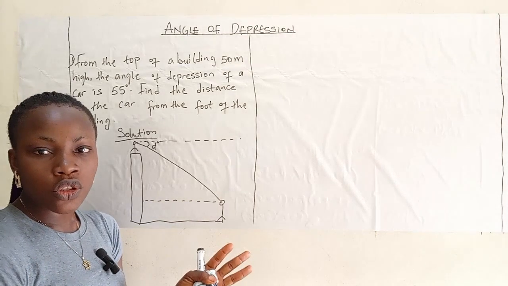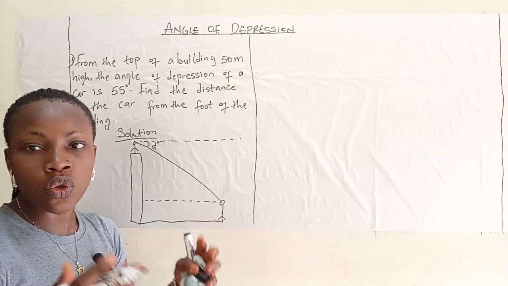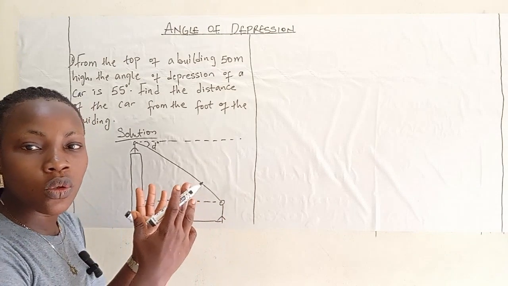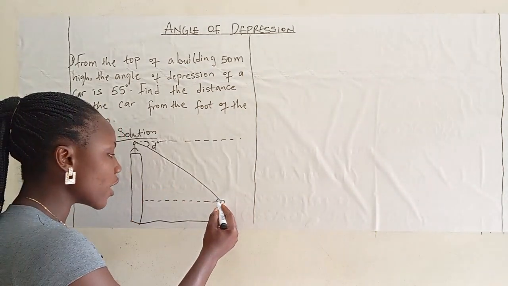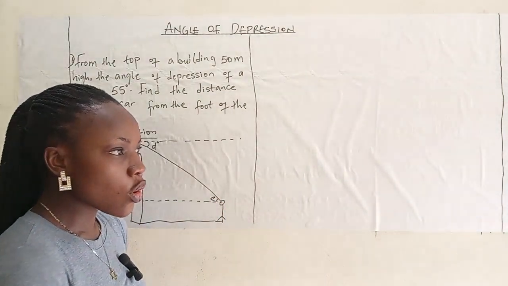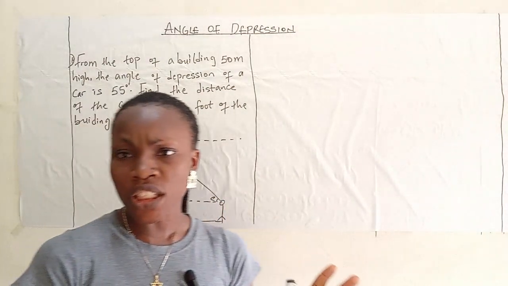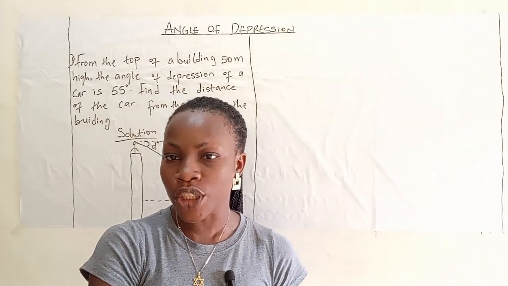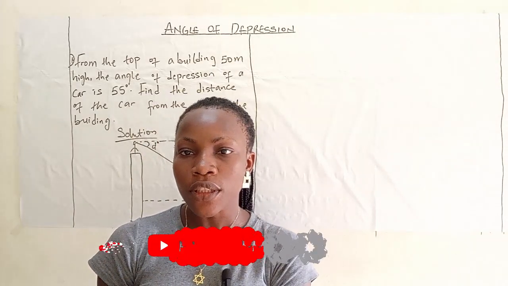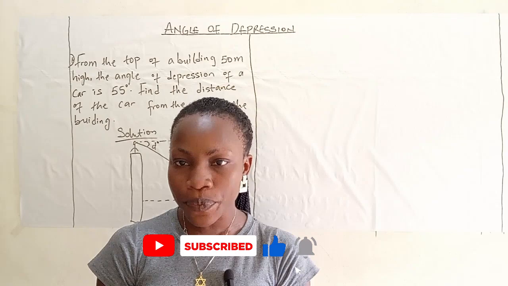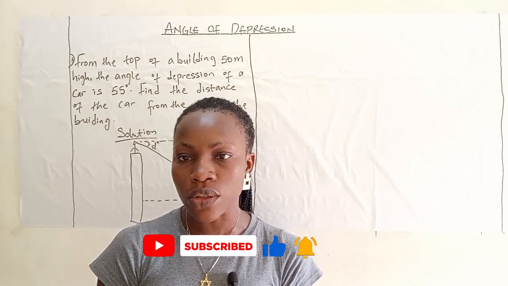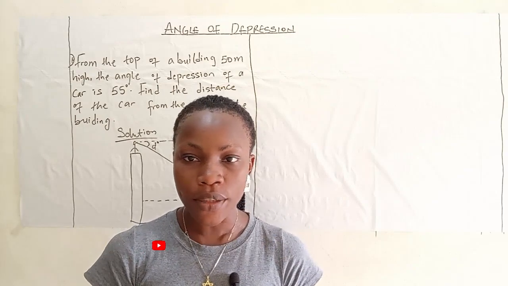As you called your friend, he or she also looked up to see who is calling, making an angle of elevation. So we have a relationship between angle of elevation and angle of depression. Maybe in our next video, I'm going to explain how these two angles relate to each other.